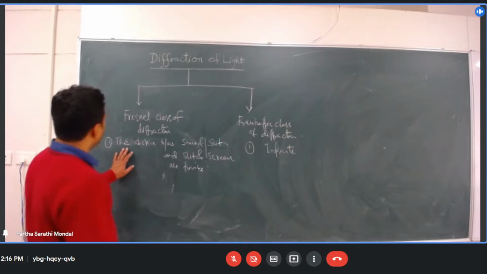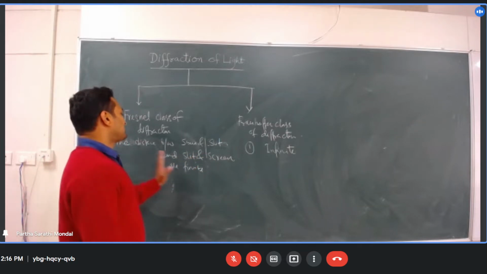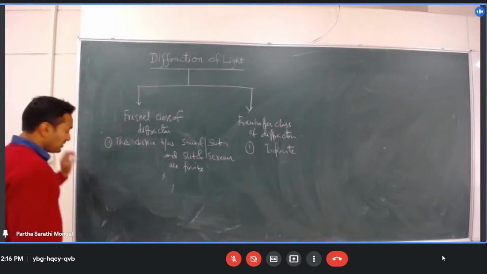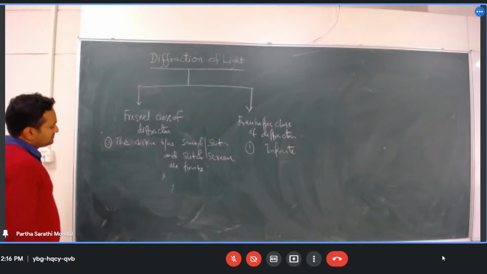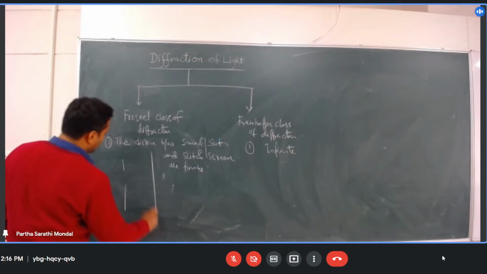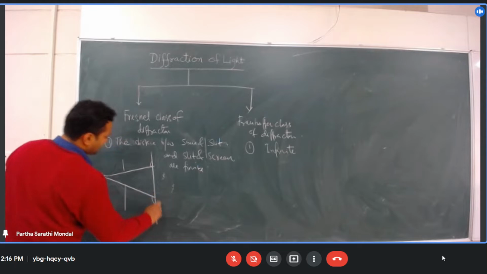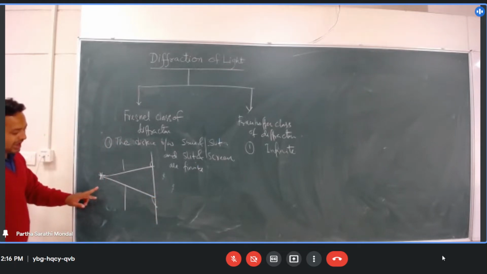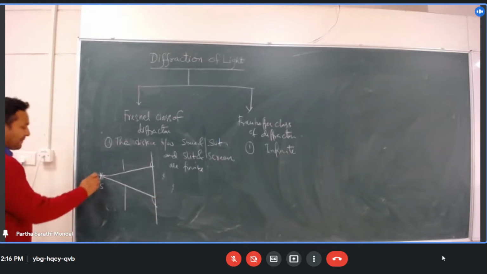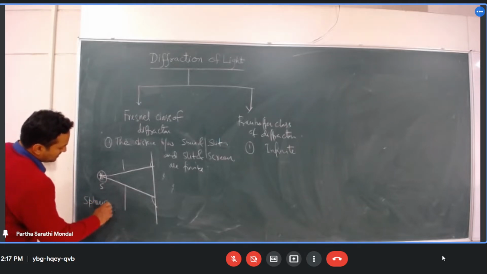So now if you want to have the distance between source and slit and screen finite, suppose you use a point source, and then you have a slit here and a screen here, then you will see the diffraction pattern like that here and here. If you have a point source like that, then you need a spherical waveform.